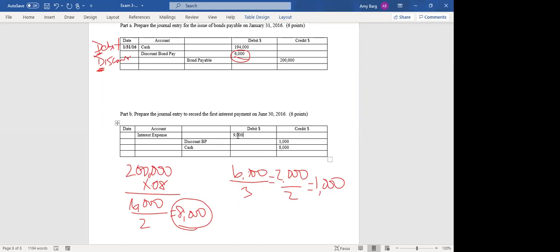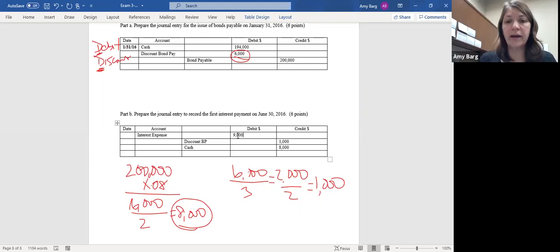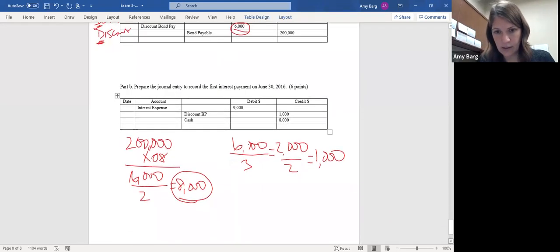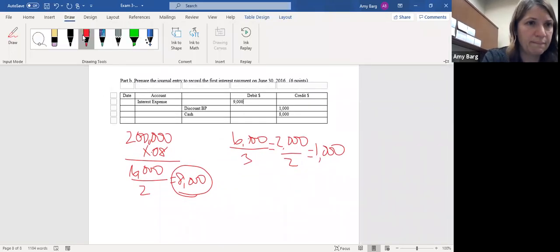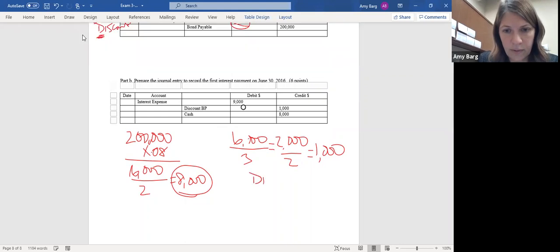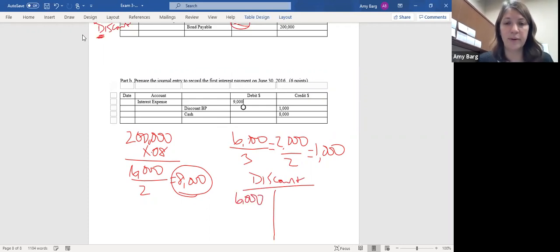So why do you make discount bonds payable a credit instead of a debit? At the beginning of the life of the bond, we debited the discount account by 6,000, and we need to make this go away.